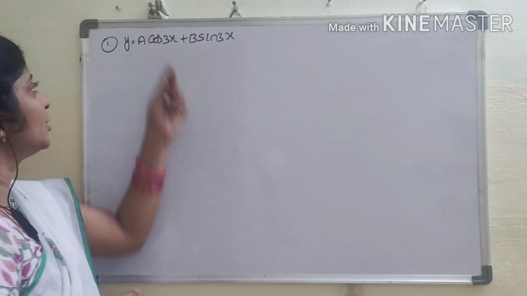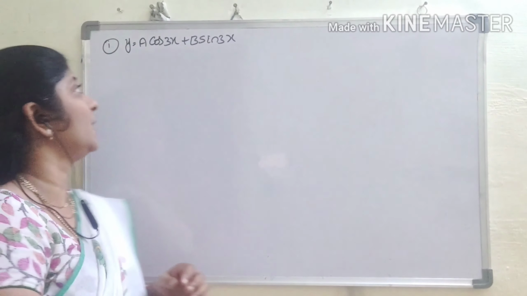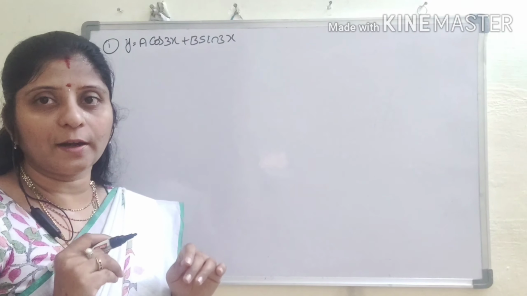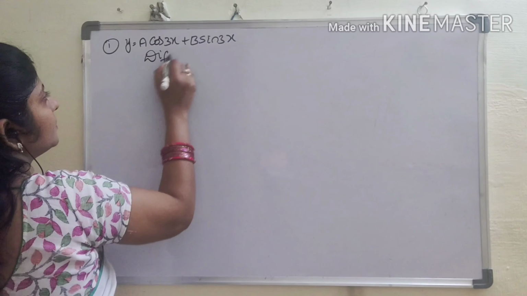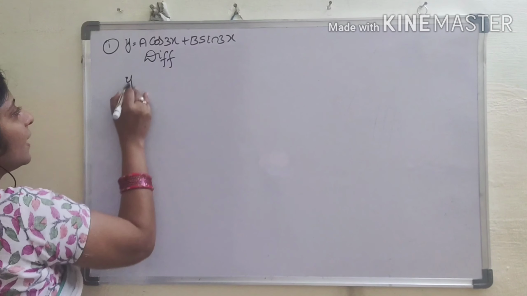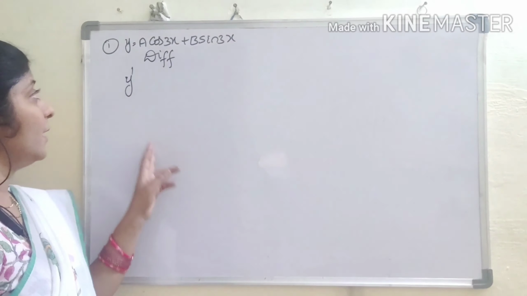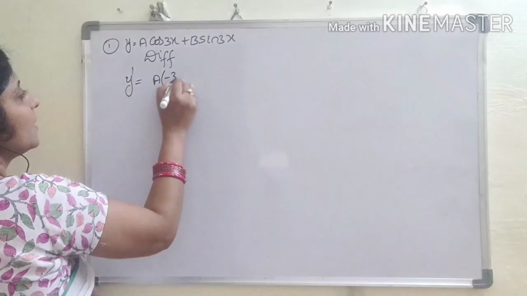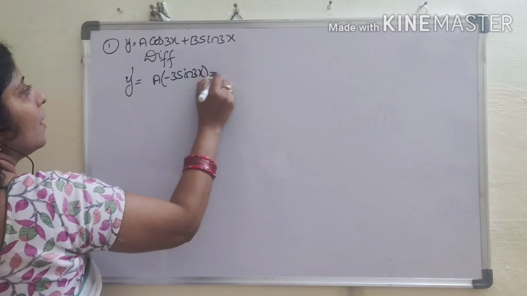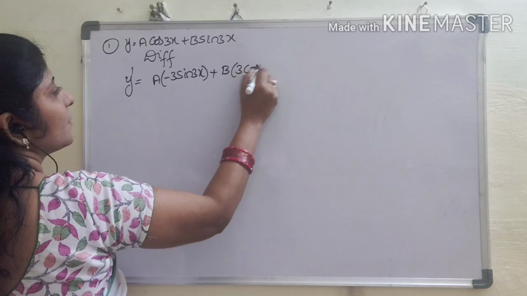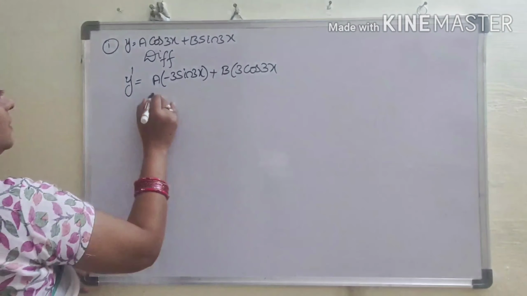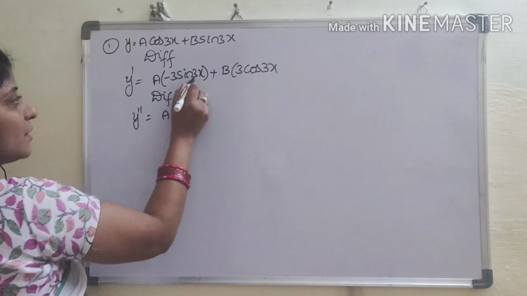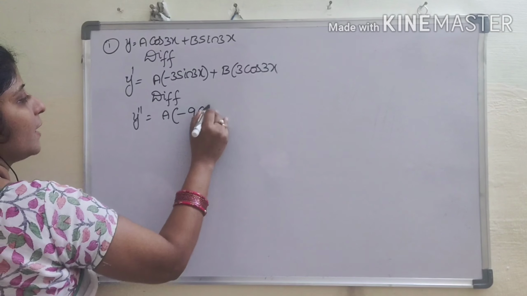Now let us take a function y is equal to a cos 3x plus b sin 3x. We have to form a differential equation for this function. Now first differentiate this given function. I am writing here y dash, y double dash like that. We will say y dash is equal to a cos 3x having minus 3 sin 3x. This one will be 3 cos 3x. Again differentiate. y double dash equal to a sin 3x minus 9 cos 3x.